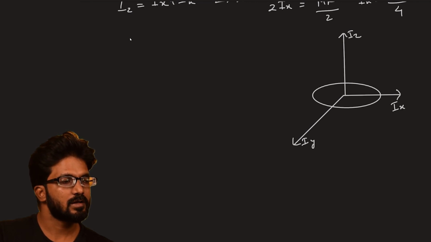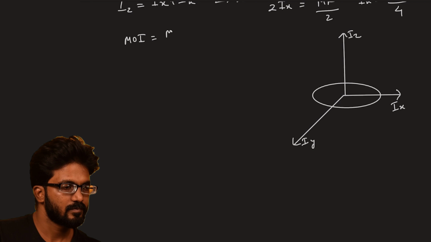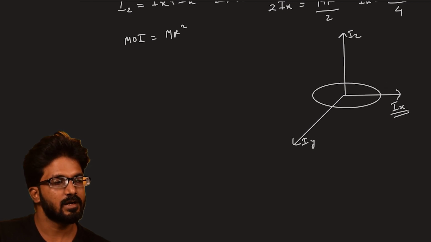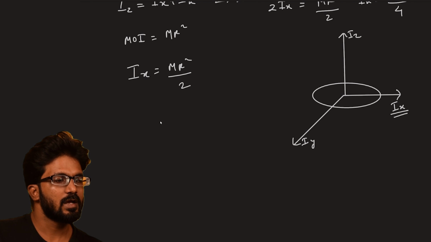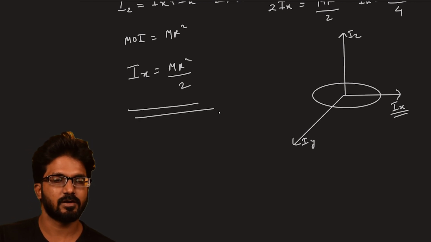For a ring, we know that the moment of inertia about the center of mass is mr square. If we want to find it for the x-axis, for the ring Ix is equal to mr square by 2. With the help of the perpendicular axis theorem, we can find it for different shapes like sphere, cylinder, and everything.